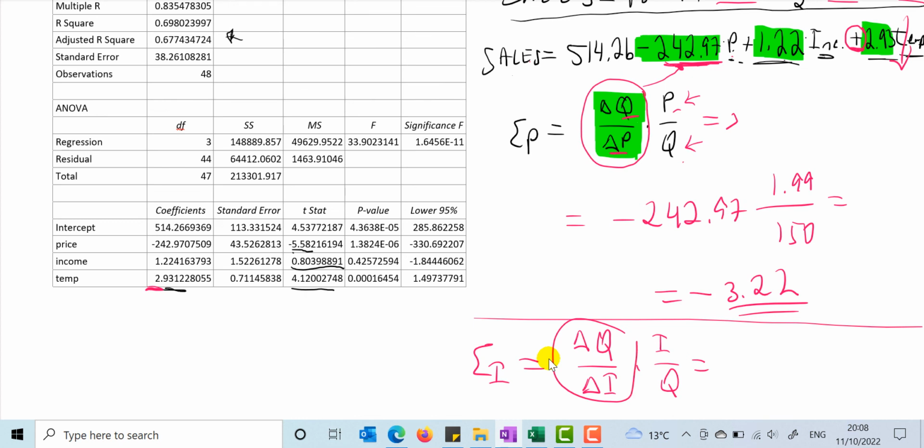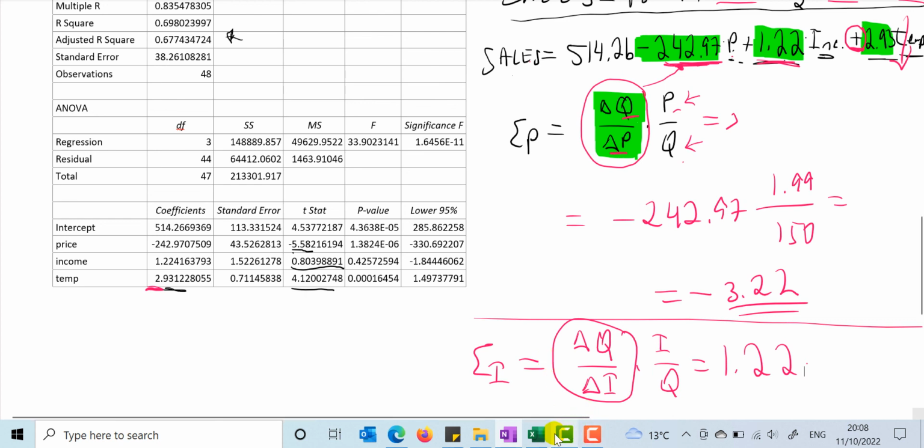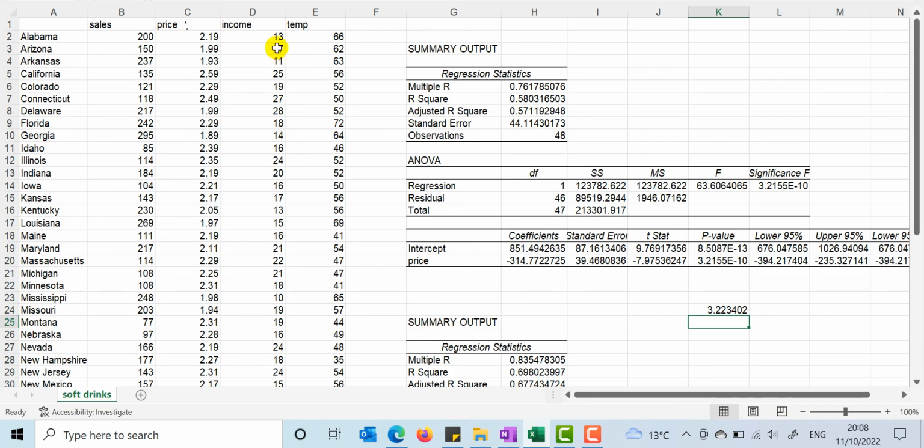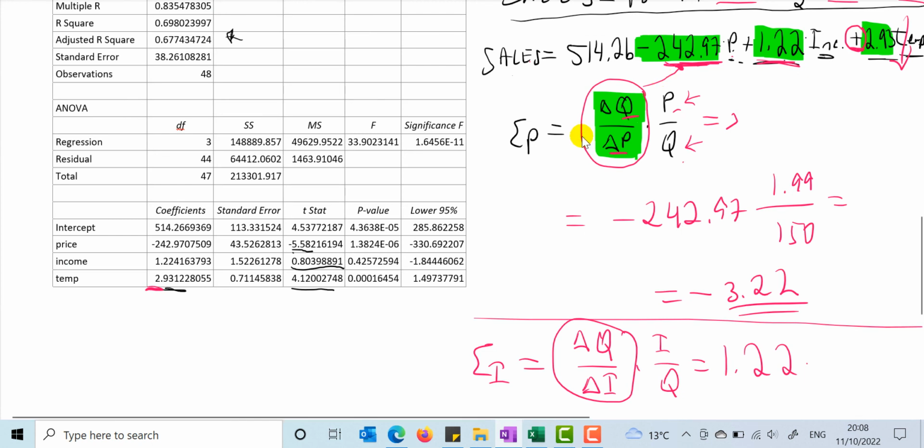Again, this coefficient is right there, so I'll pick that, 1.22 times, so let's take Arizona again, income this time, and we know the quantity, 150. Income in Arizona is 17,000, so that's just enough to calculate this.